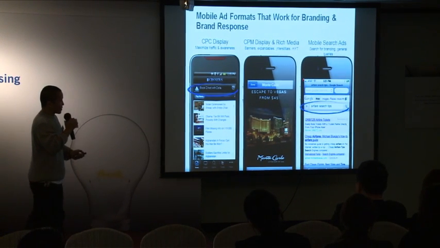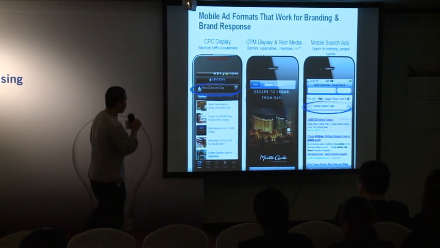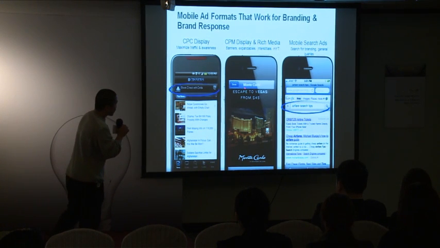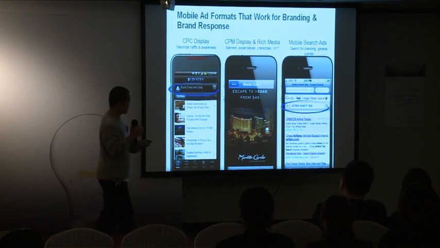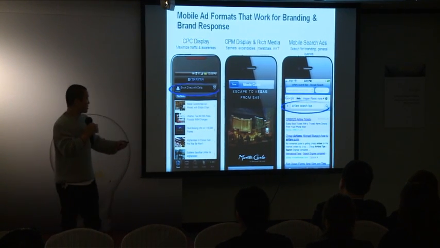If you aggregate all of those pieces, you have your brand piece that you're pushing, then a pointer to a specific offer, and on the side you can supplement that with a search piece.